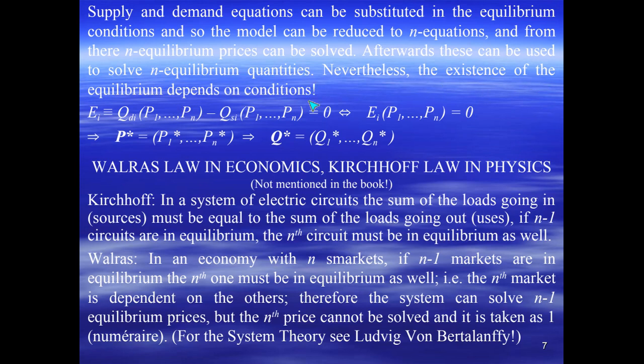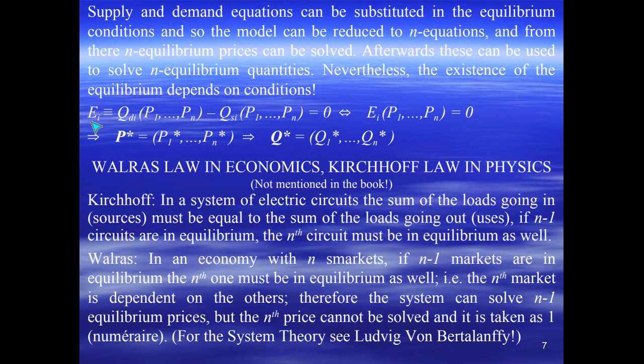Nevertheless, the existence of the equilibrium depends on conditions, as I said, because we cannot always obtain solutions. We can have a no solution case, a one unique solution case, or an infinitely many solutions case. We can have three different situations, and we will come to that.